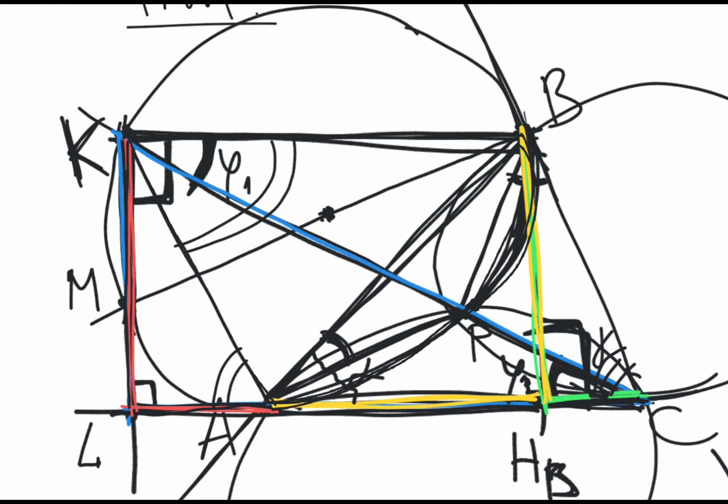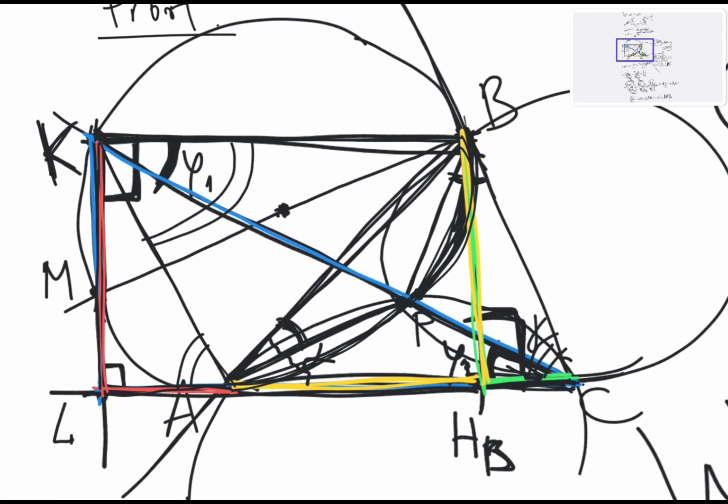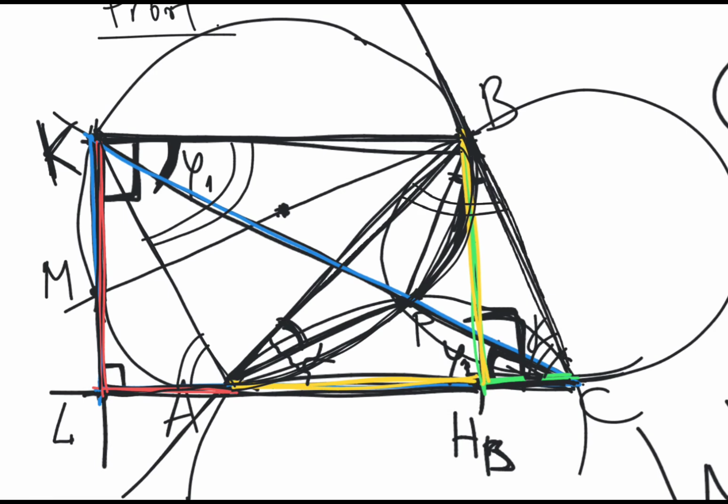But we have here the tangent, and the angle between the tangent and the chord subtending the same arc is this angle ABC. BC is tangent to the circle, and AB is a chord, and it subtends the same arc AB, right?